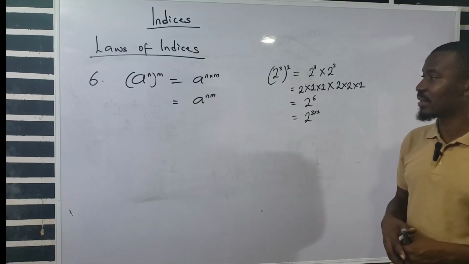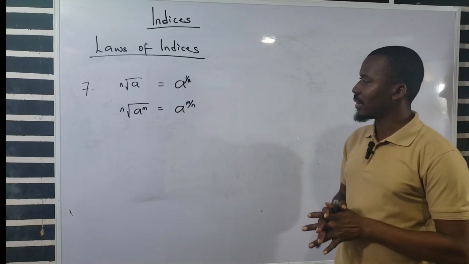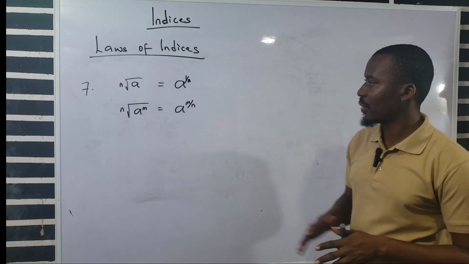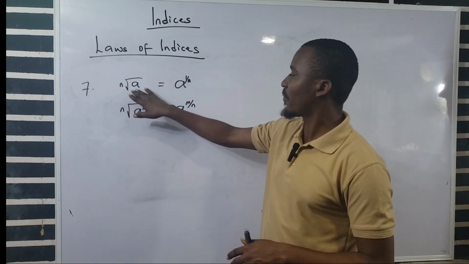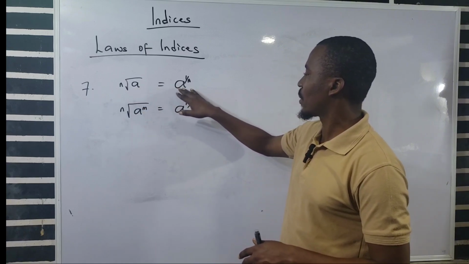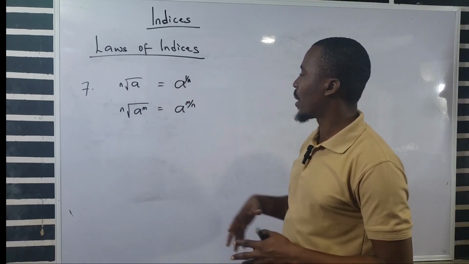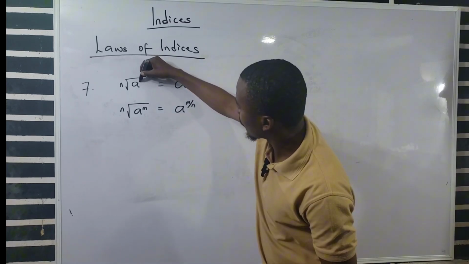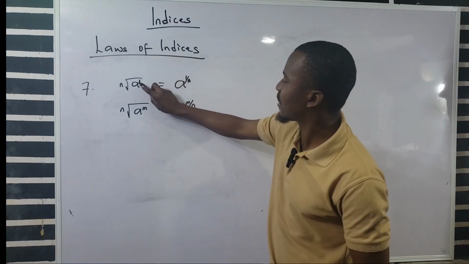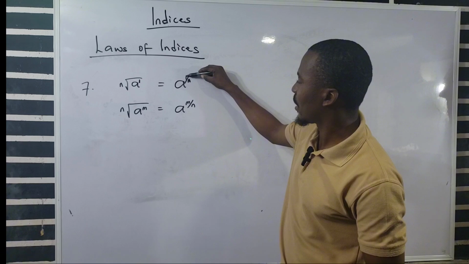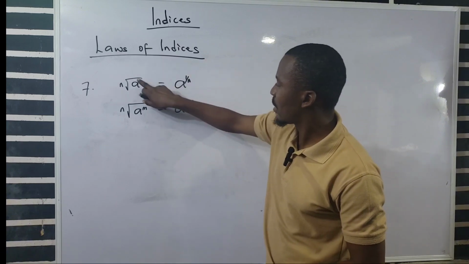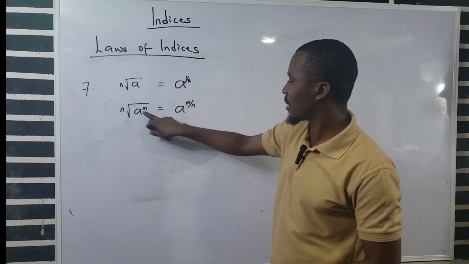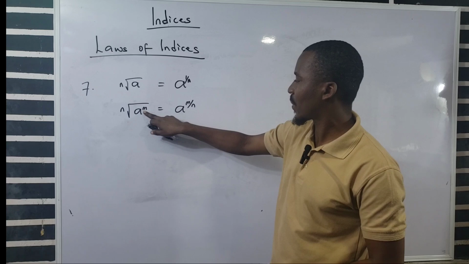So let's look at the seventh law. So this is the seventh law. Okay, we say that the nth root of a number is equal to the number raised to power 1 over n. Why this one is because a can also be expressed as a to the 1. So that's the one you are seeing here. So for this one, you can see that we have m here.